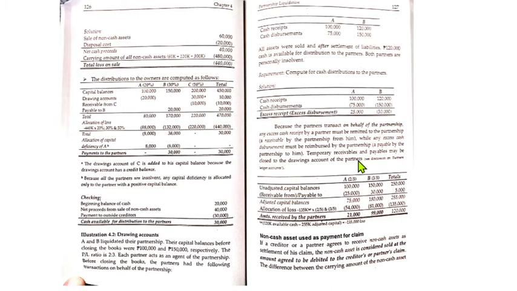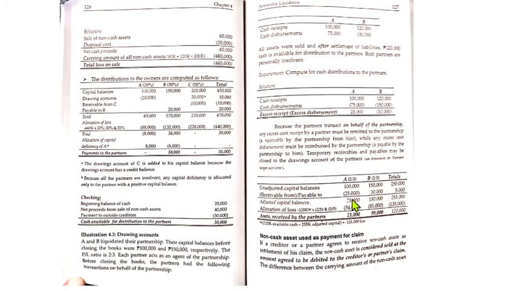Okay, having learned that there is a receivable and there is a payable for the partners, let us now use the information on this, yung temporary receivables and payables in adjusting the capital balances of A and B. So ang balances nila 100 and 150,000, ang receivable from A 25,000, ang payable to B 30,000.